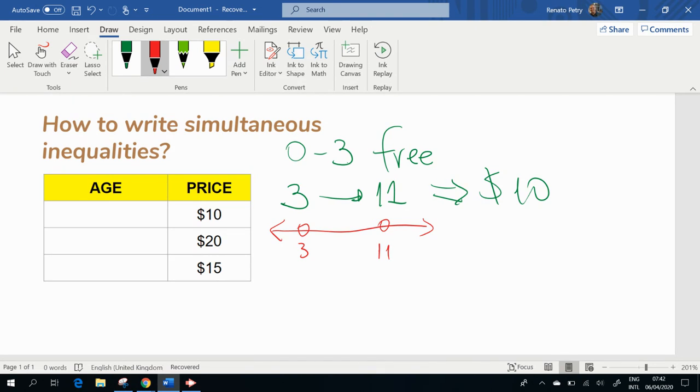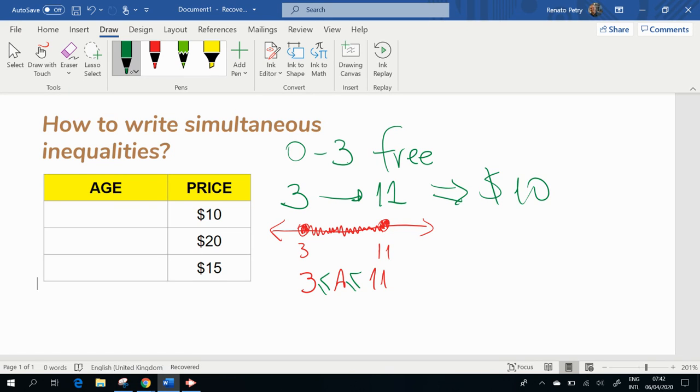Let's say you are including 3 and 11. So you're saying that all these ages in between 3 and 11, including 3 and 11, are going to pay $10. So my age is between 3 and 11, so I have to complete with the correct symbols.